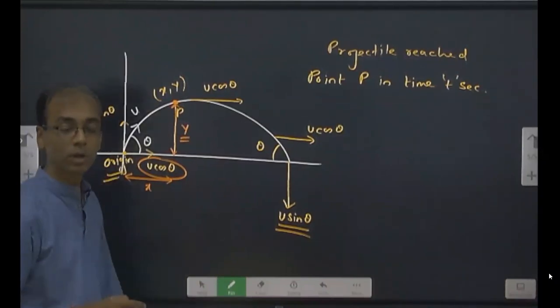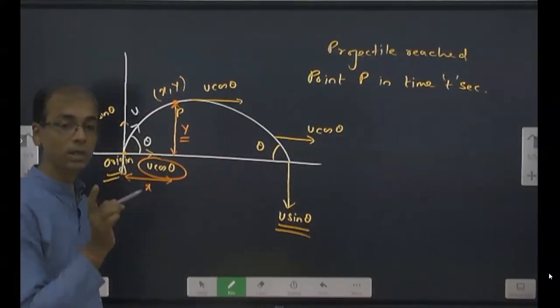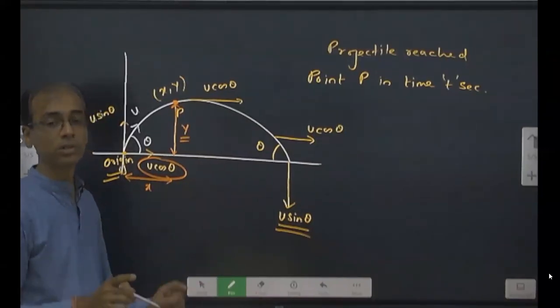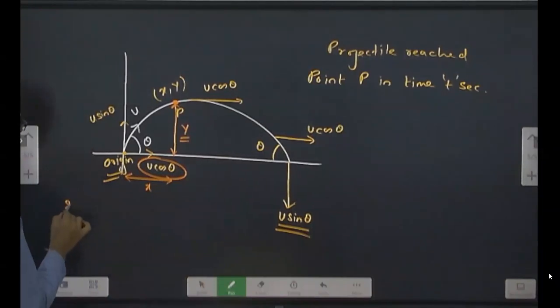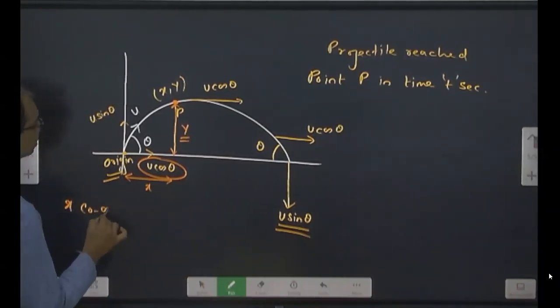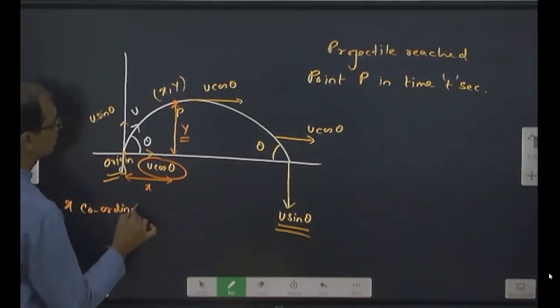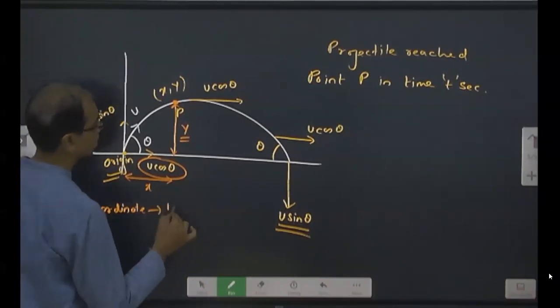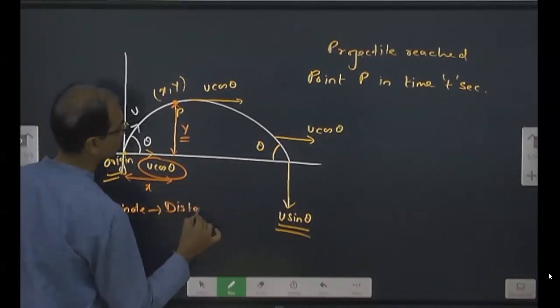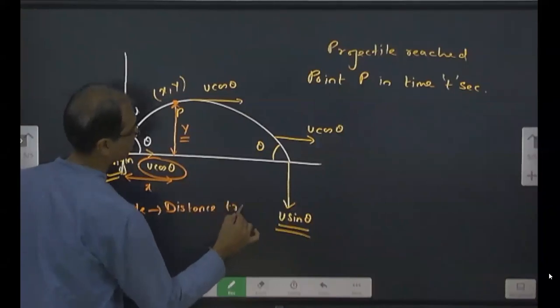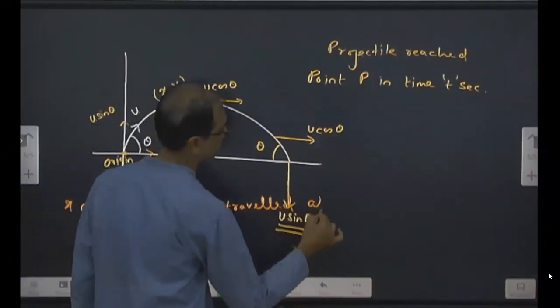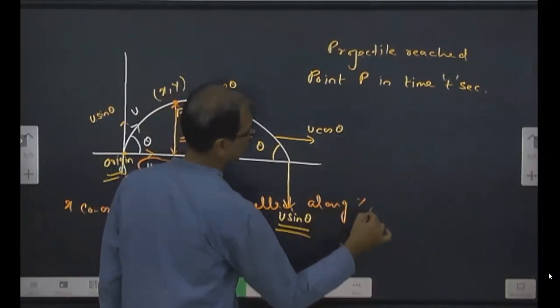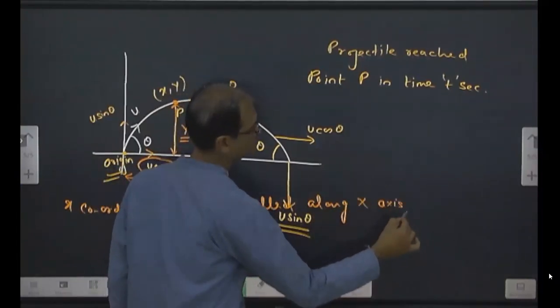X coordinate means distance traveled in the horizontal direction, or distance traveled along the x-axis in time t.